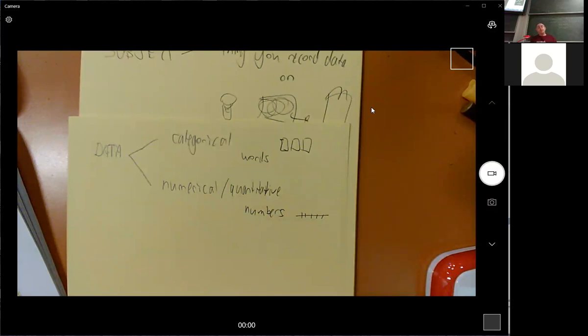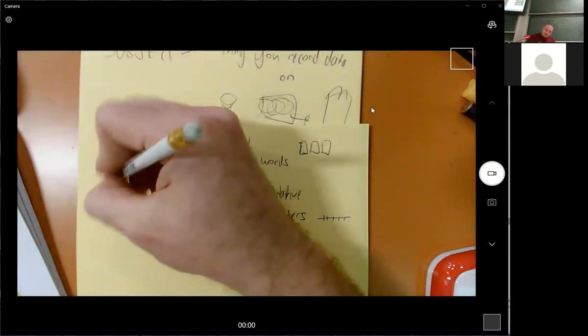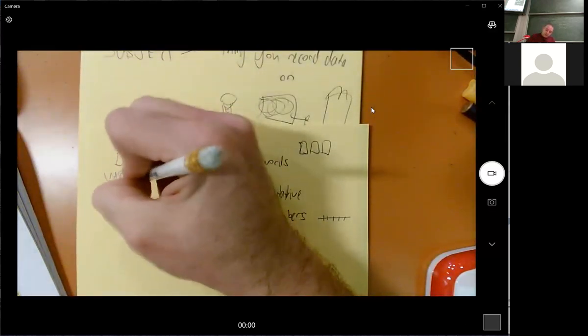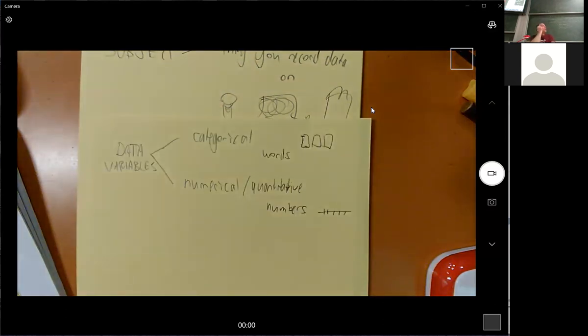Okay. So almost all statistics things are about the relationships between variables in your data. These are called variables, by the way. They're really about variables in the world.